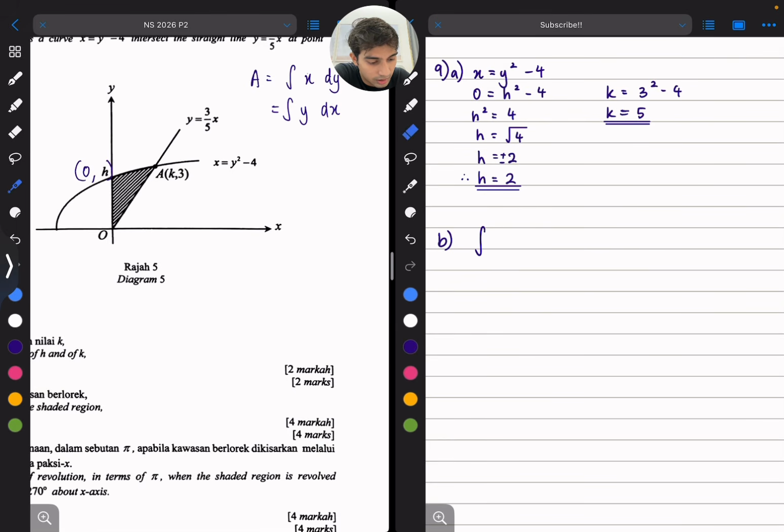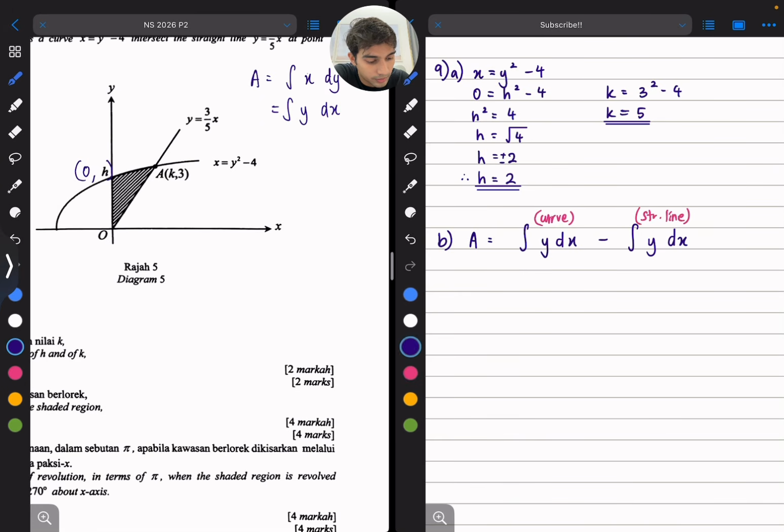So you can say area is integral of y dx minus integral of y dx. The first y dx will be the curved line, and the second one will be the straight line, because the curved line will give us the whole area, and then minus the straight line. So I'm going to write here curve minus the straight line.